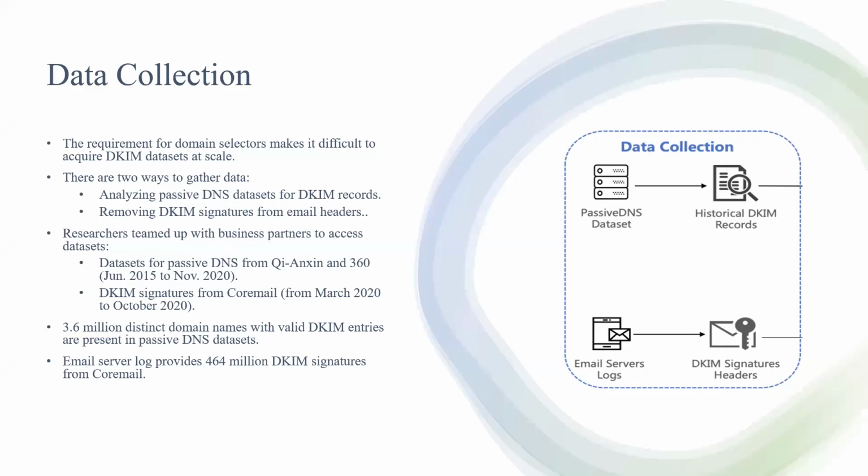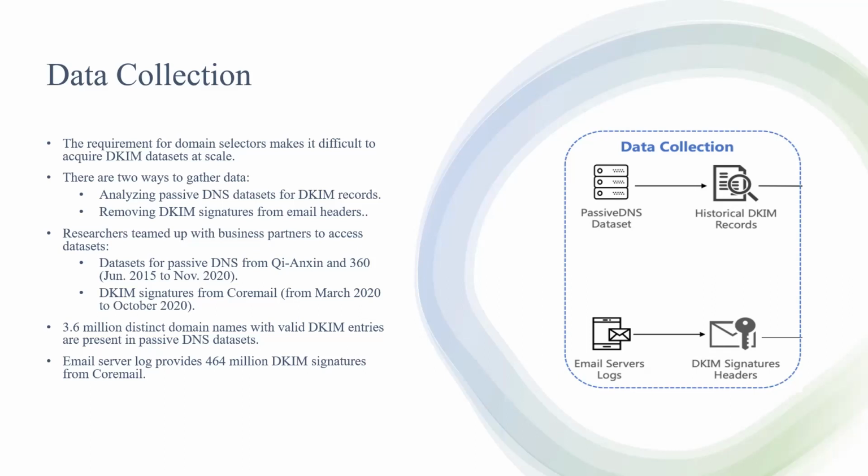First step, data collection. The requirement for domain selectors makes it difficult to acquire DKIM datasets at scale. The researchers used two ways to gather the data. One is analyzing passive DNS data sets for its records, and the other is extracting signatures from email headers.